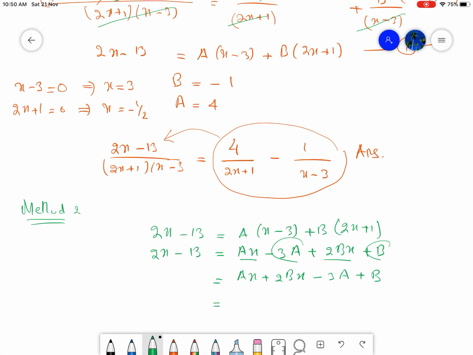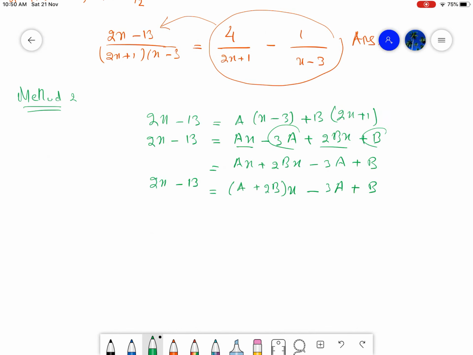Here you can see that x can be taken as a common factor, and you will get (A plus 2B)x, plus (minus 3A plus B), equal to 2x minus 13.